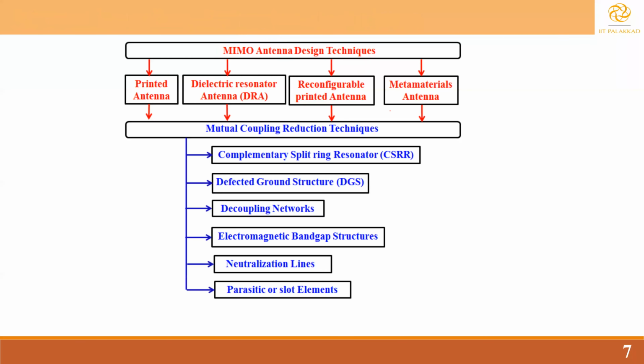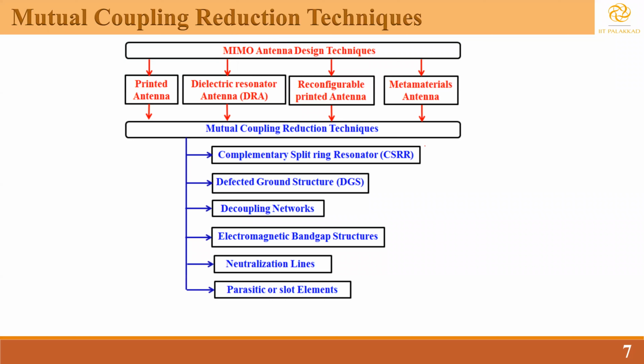There are different techniques. One can use something like a complementary split ring resonator, defective ground structures, some kind of decoupling network, an EBG (electromagnetic band gap structure), a neutralization line, or parasitic or slot elements. These are the techniques that can be used to reduce mutual coupling.